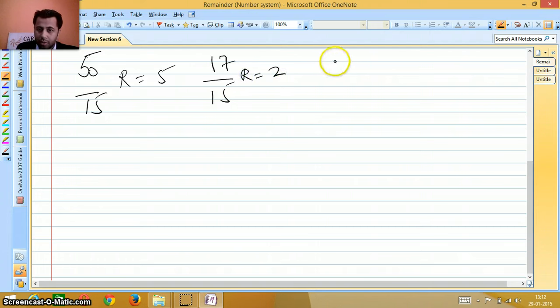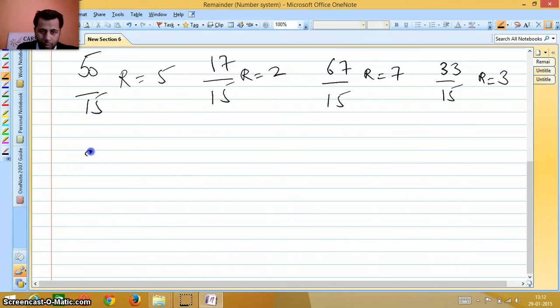Okay. What is the remainder when 67 is divided with 15? The remainder is 7. When 33 is divided with 15, the remainder is 3. When 850 is divided with 15, what is the remainder? You can pause the video and calculate it. The remainder comes out to be 10, right?